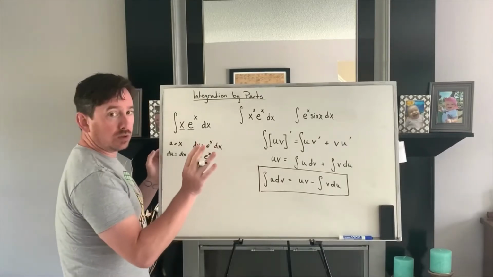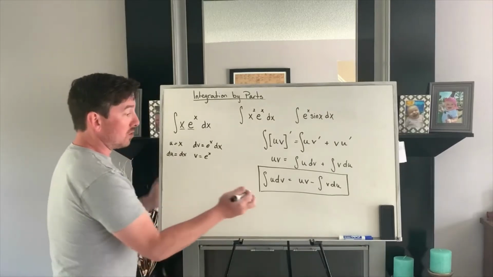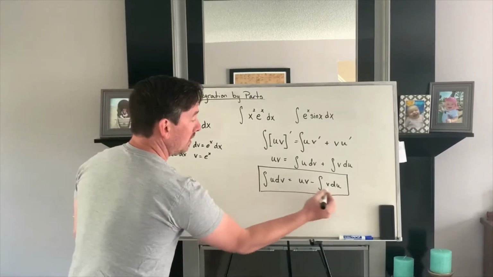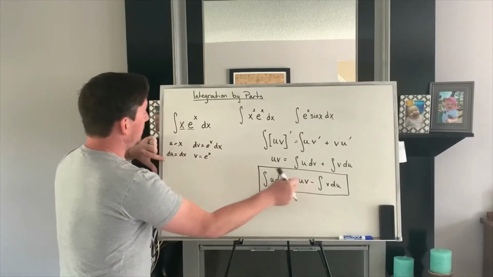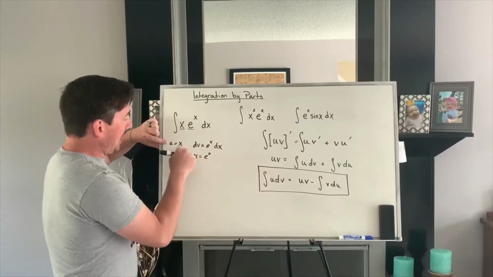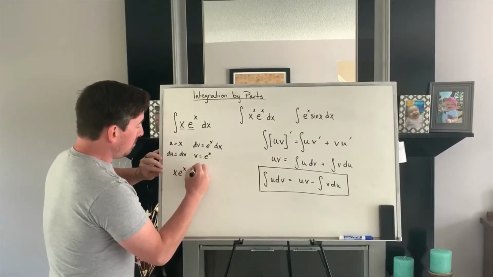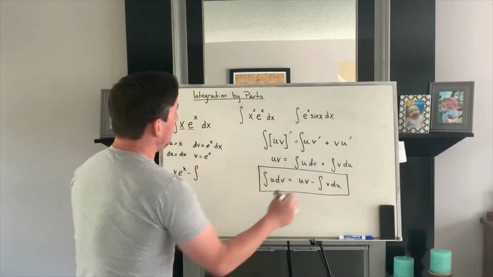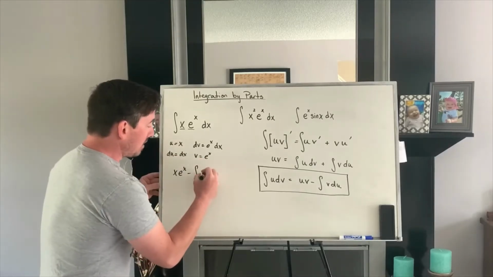Again, we don't care about the plus c right now. Okay, so then we're just going to fill in our formula. This whole thing expands to u times v, which is x times e to the x, minus the integral of v du, which is e to the x times dx.